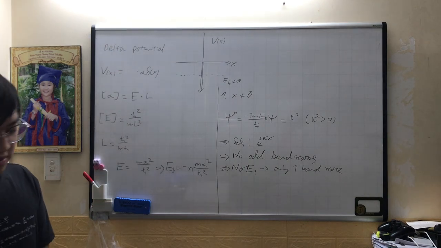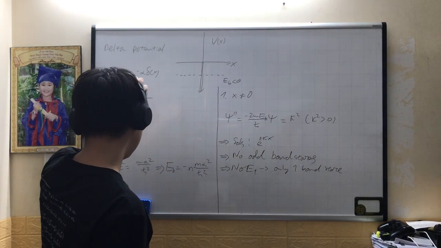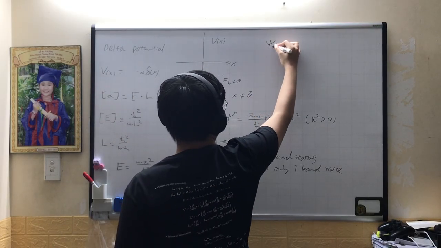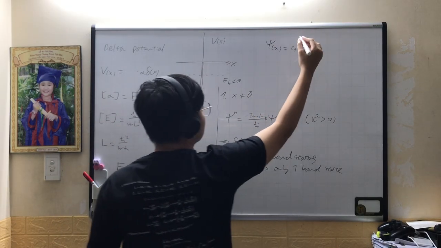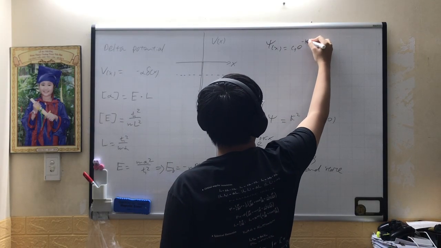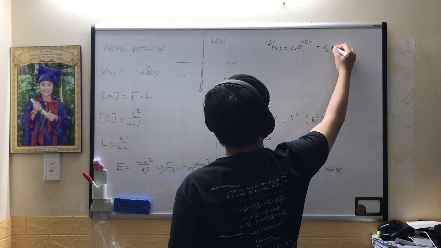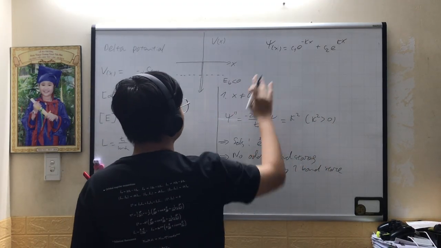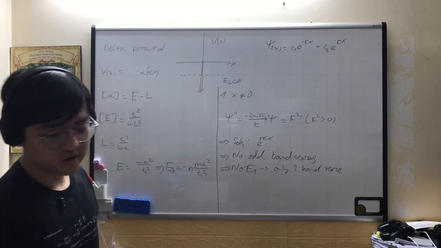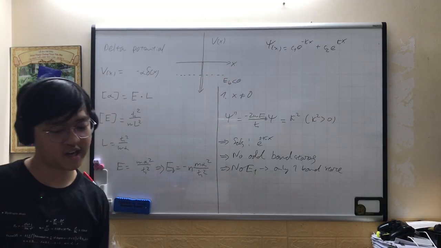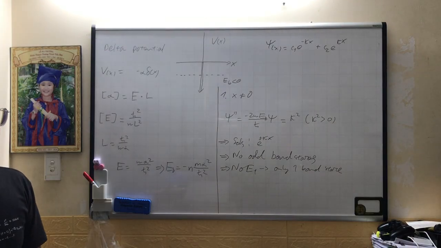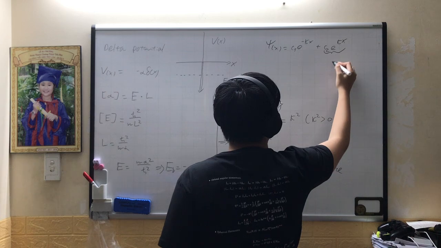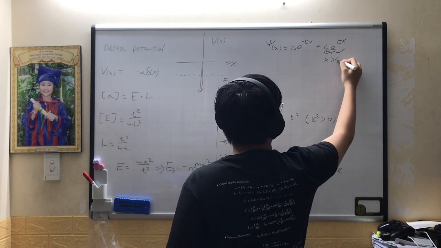Okay, there we go. And our wave function would look something like this. And here, when you take x greater than 0, the term here would explode and go to infinity.